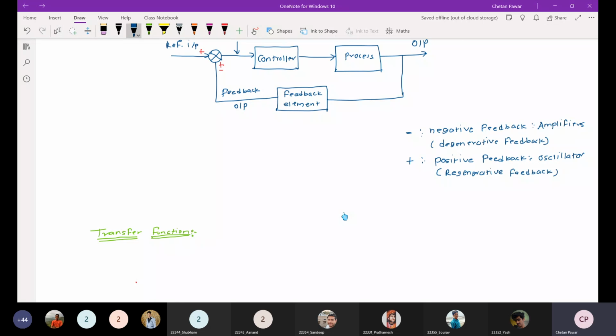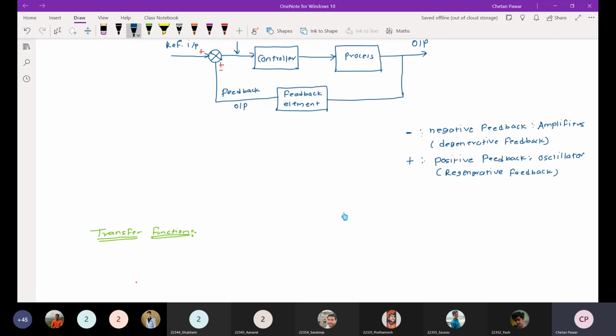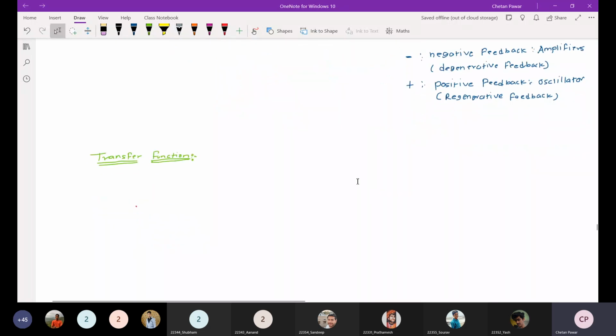Okay, so this is one concept about positive and negative feedback. When we take examples of control systems, we will discuss this concept in great detail, negative feedback and positive feedback. So this is a basic idea about negative feedback and positive feedback.